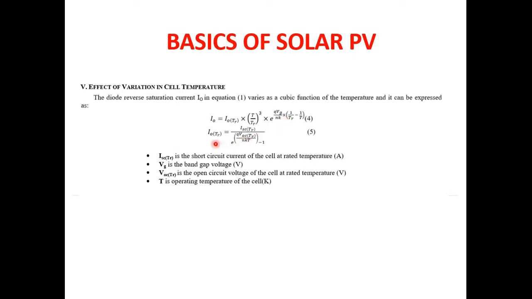So again I0 is given by ISC at TR divided by e raised to qVOC at TR divided by nkT, minus 1. So this is the equation for the reverse saturation current, where ISC is the short circuit current of the cell at a rated temperature, VG is the band gap voltage, VOC is the open circuit voltage of the cell at the rated temperature, and T is the operating temperature of the cell in Kelvin.